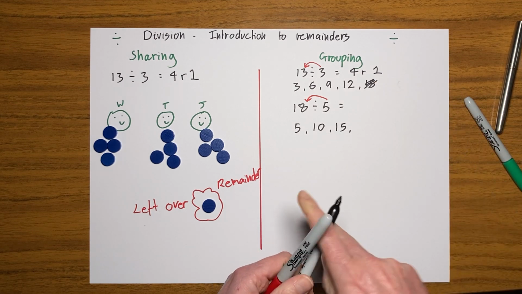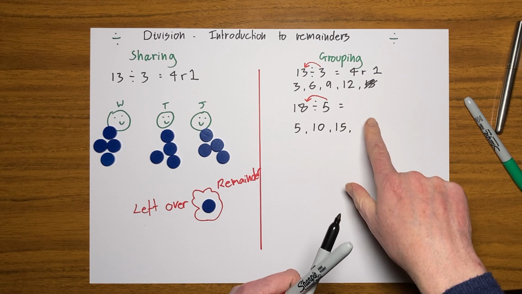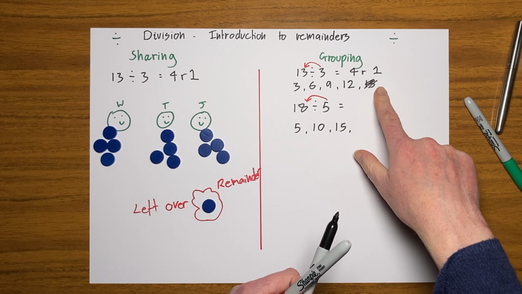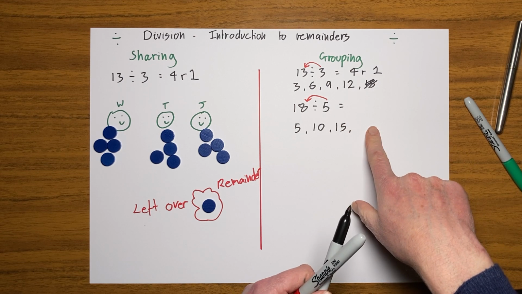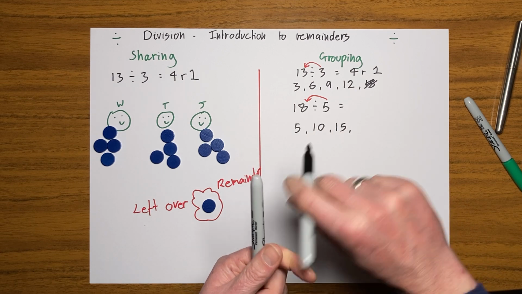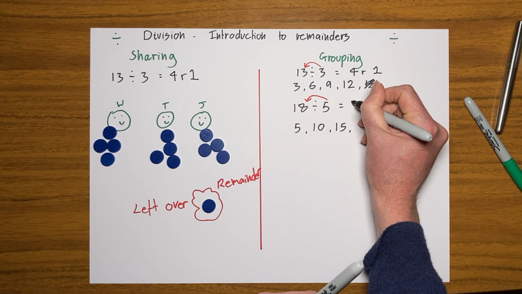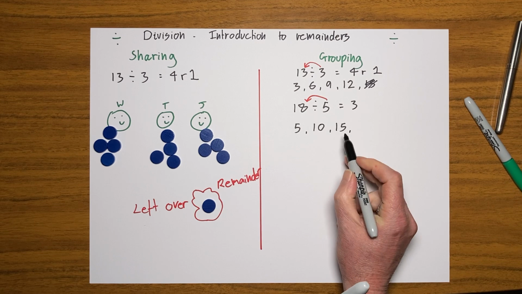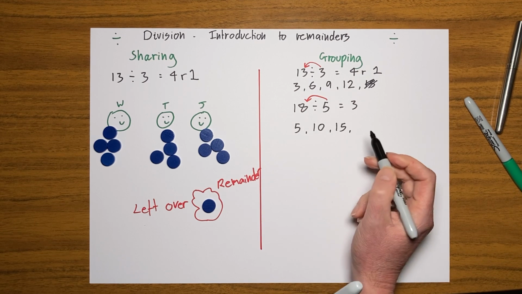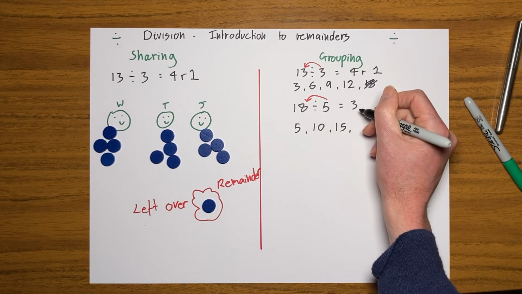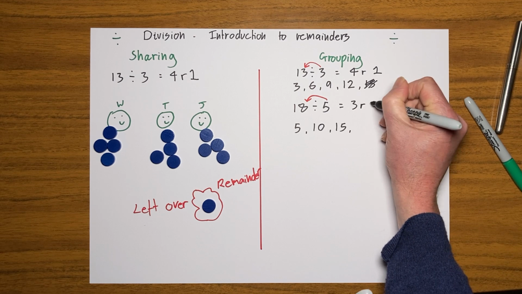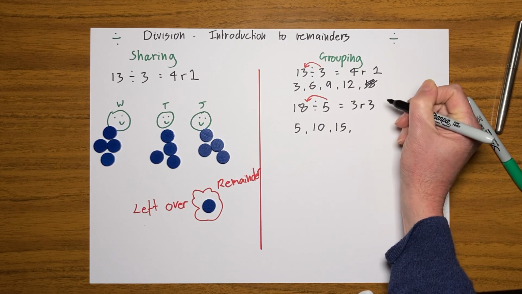And I'm going to stop here because I know if I go on, I'm going to get to 20. Well, I'm not going to do that like I did here. I'm going to stop before I get to 20, and I can't go any further. So there must be 3 complete groups. And then how many more is it to get from 15 to 18? Well, it's 3 more. So I get an answer of 3, remainder 3.